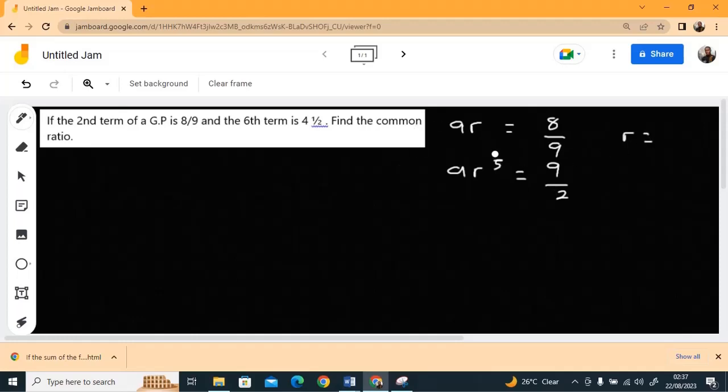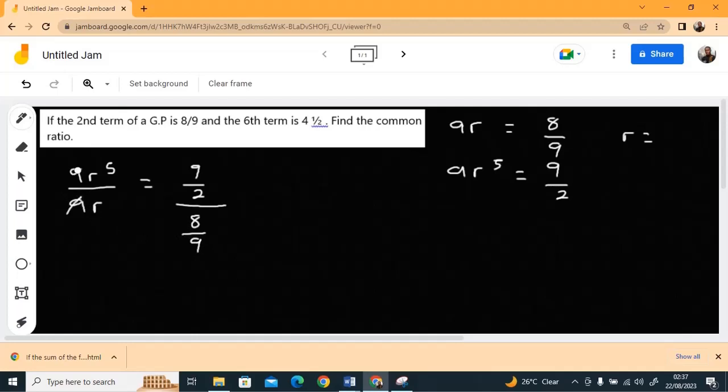So it's very easy. What you're going to do is divide this by this, as I did earlier. So it can be a r raised to 5 divided by a r equals, you are dividing this by this, 9 over 2 divided by 8 over 9. Did you get that now?